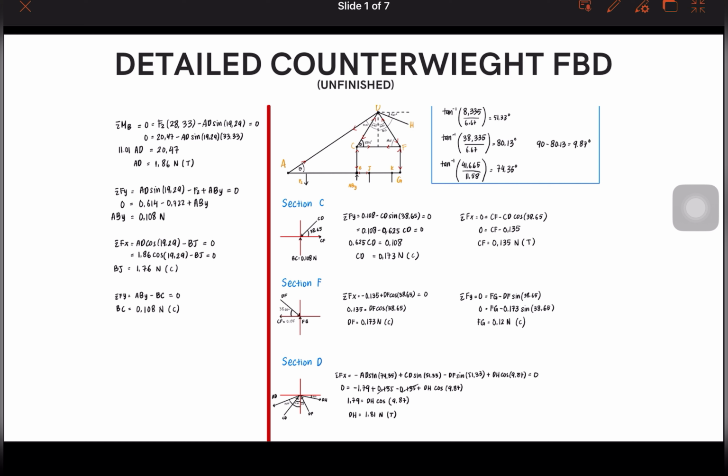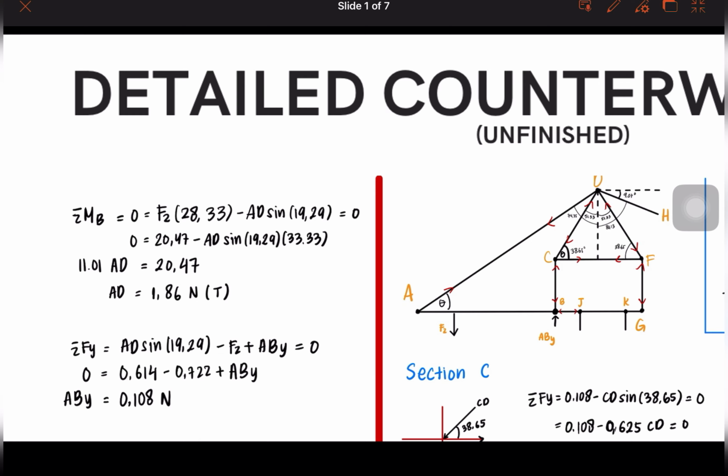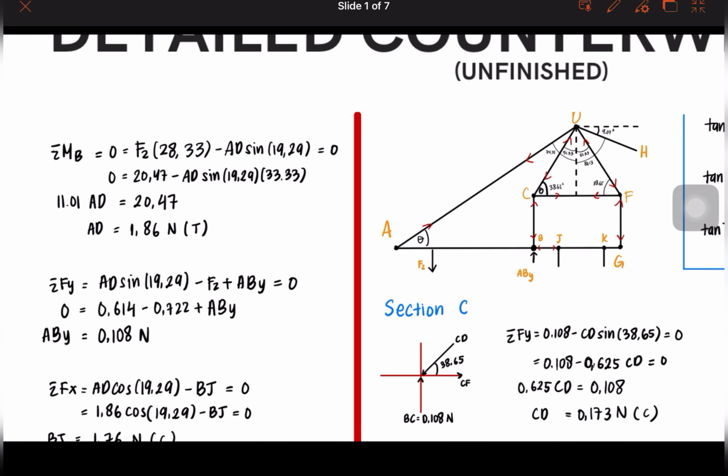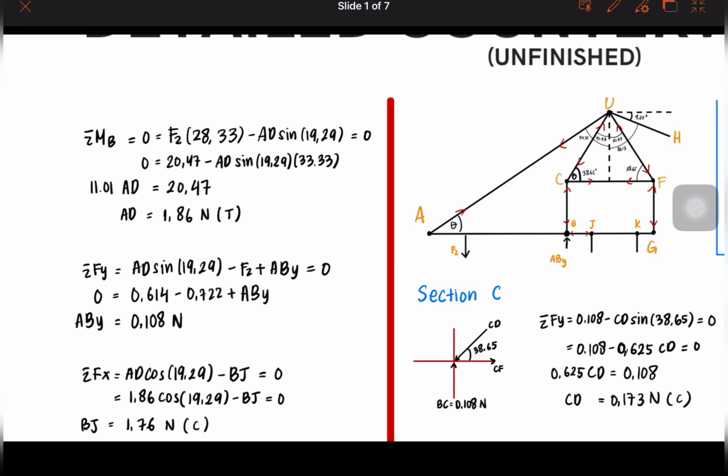Now we know that we divided it into three parts, which are the counterweight, the jib, and the base. The first part that we are going to analyze is the counterweight. We are given the known force F2, and by that we can find member AD. The way we find member AD is by putting sigma moment at B equals 0.